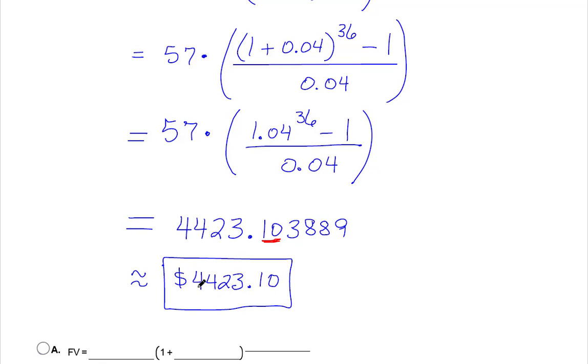And so we get 44.2310. Again, you start on the inside. Get this exponent part first, then subtract 1, press equal so it does the subtraction, divided by 0.04 equals so it does the division, and finally multiply by 57 and then press equal so it does the calculation.